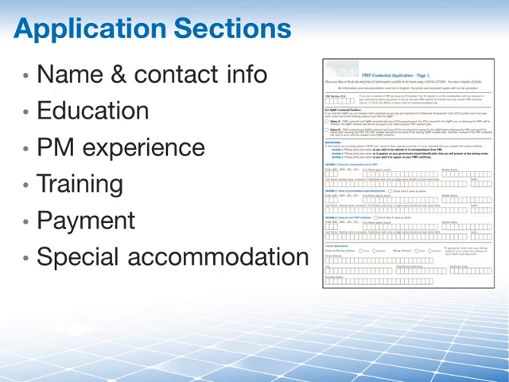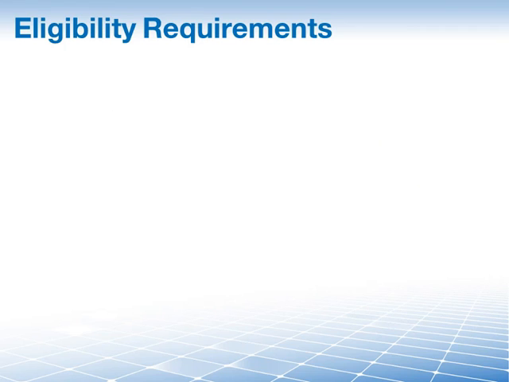Regarding the payment, please do check the PMP handbook for the current pricing, because the cost sometimes changes. And while you have that handbook open, take a look at the Eligibility Requirements section and make sure that you're actually eligible to take the exam, because the requirements depend strongly on whether you have a high school diploma or a bachelor's degree.